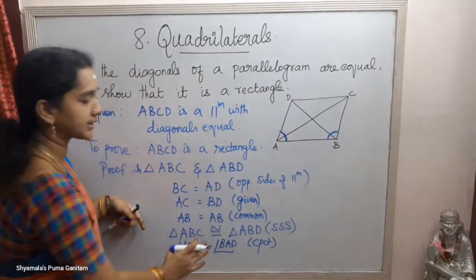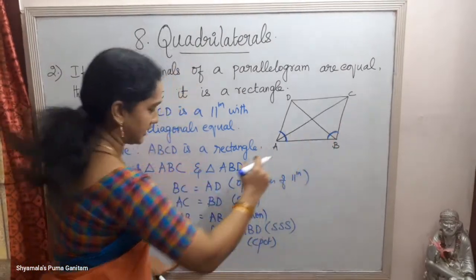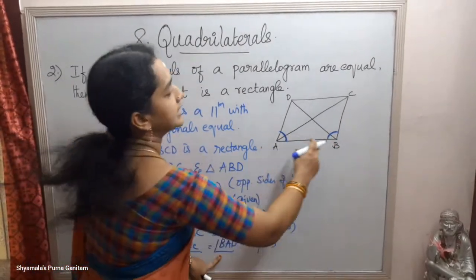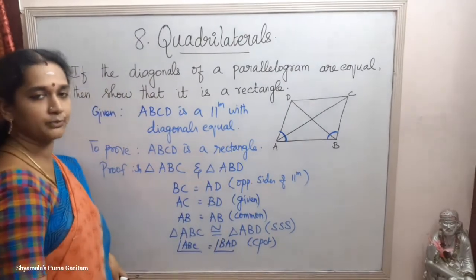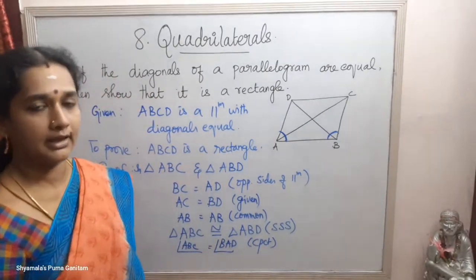So these two angles are equal, we have proved. This ABC is from the one triangle, this BAD is from the other triangle. So by CPCT, both the angles are equal.